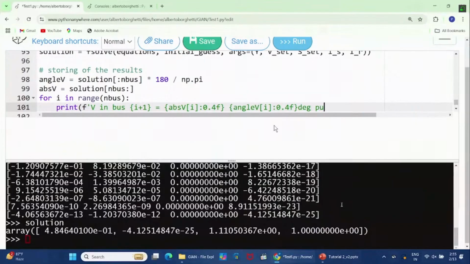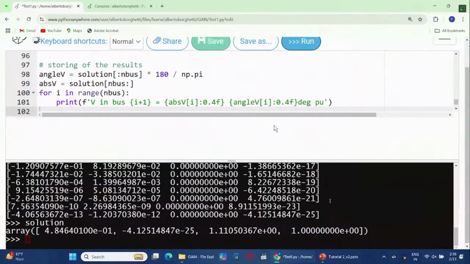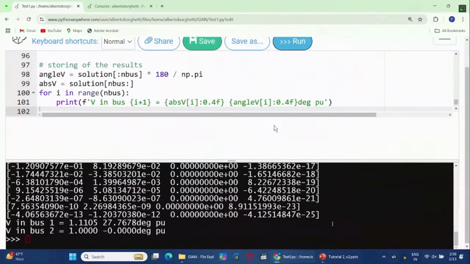So this is in per unit, and then put this. And then close the parentheses. We can also run it because we wish to know the results.